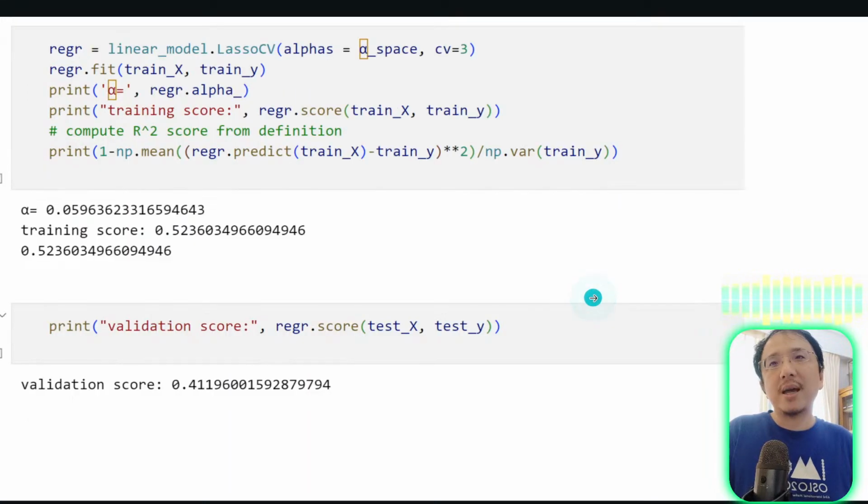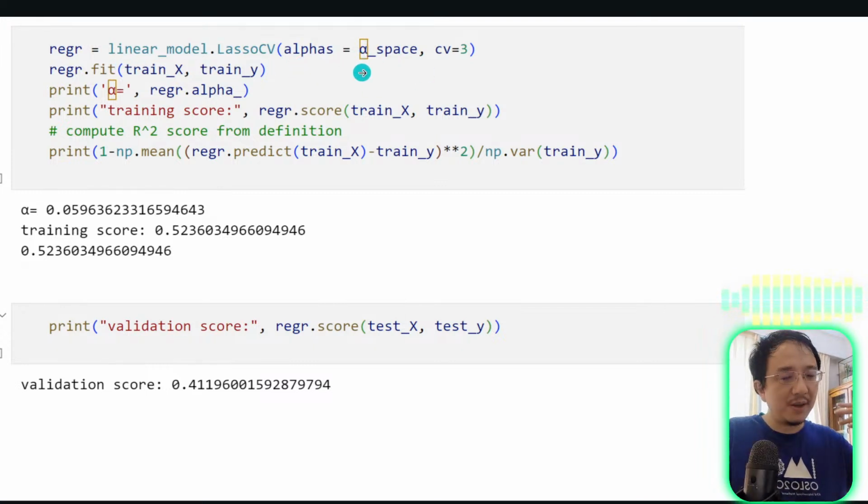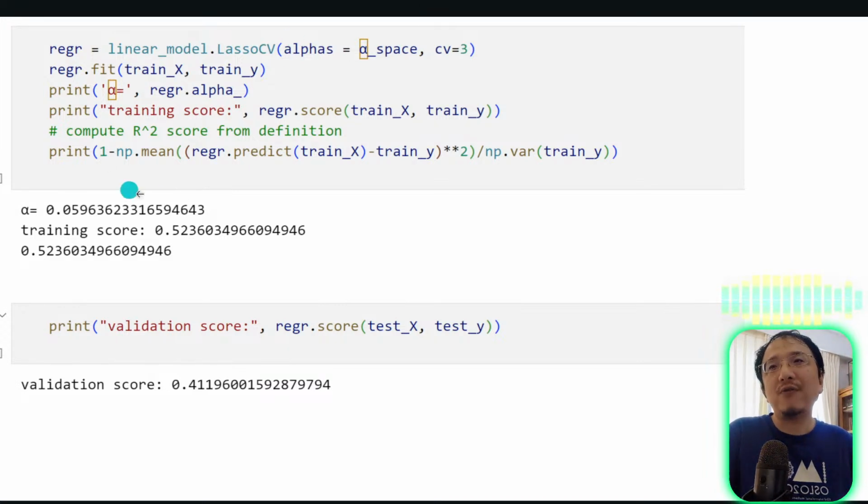Okay, so in this case, we can use LassoCV and give it an alpha space. It will use the validation score as a reference, as a target, to find out the best alpha. And then you use the best alpha to train your lasso on the whole training data set.